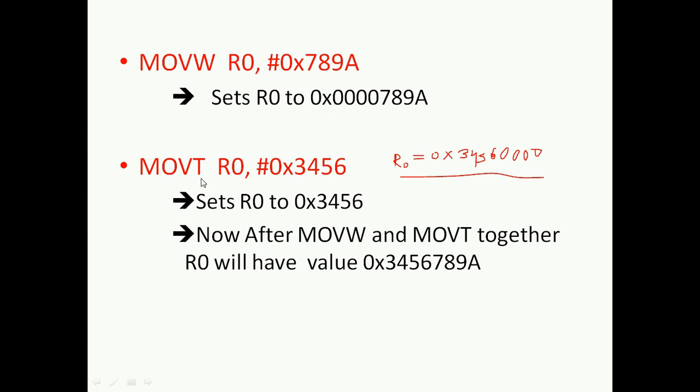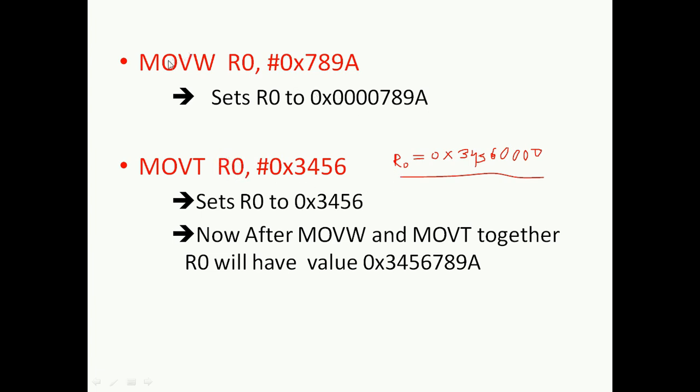Now MOV followed by suffix capital T. Here capital T refers to thumb instruction, thumb in the sense of 16-bit data. After the execution of this line, how will this data be saved? This immediate value will be moved into register R0 from MSB to LSB.